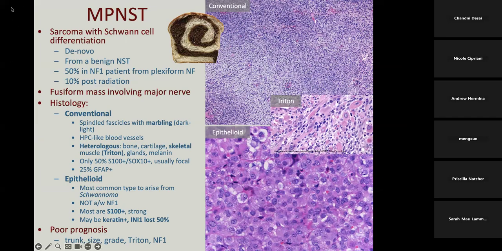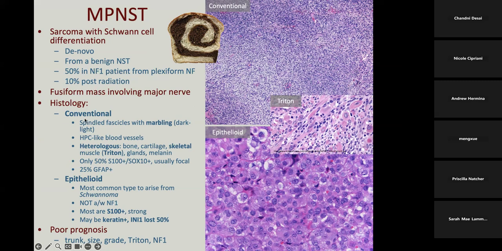MPNST can be of conventional marbled morphology, kind of like rhabdo, or epithelioid morphology, or if it has rhabdomyoblastic differentiation, it's called a Triton tumor. Usually we're looking at something either transforming from a benign peripheral nerve sheath tumor like an NF1 or associated with a nerve.